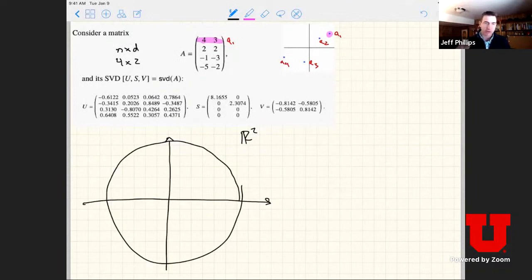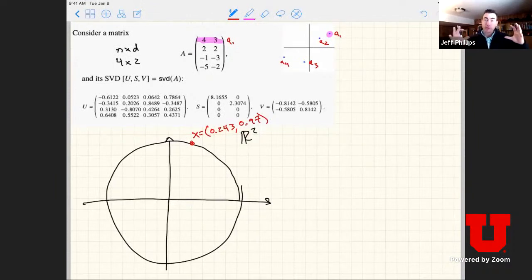I could try to draw these on top of the points, but it'll get cluttered. I'm going to start with a single point, which I'm going to call X. In the example I've worked out, it's (0.243, 0.97). This is approximately a unit vector. I trimmed off the decimals so we can write down something concrete.